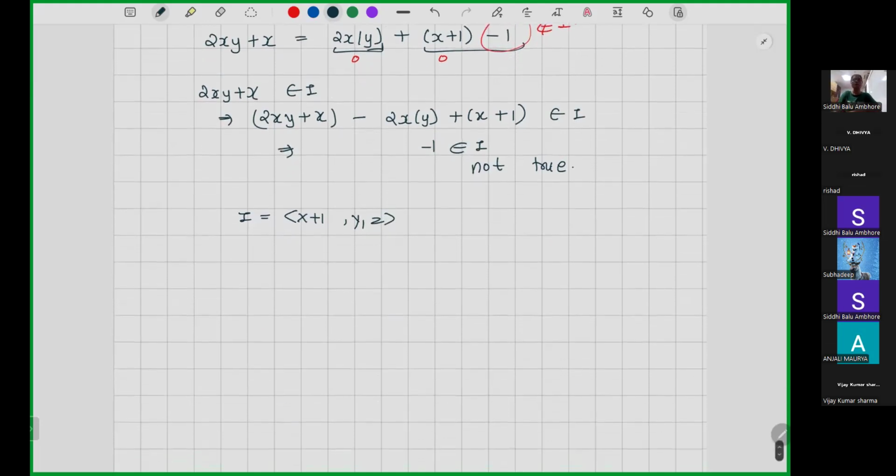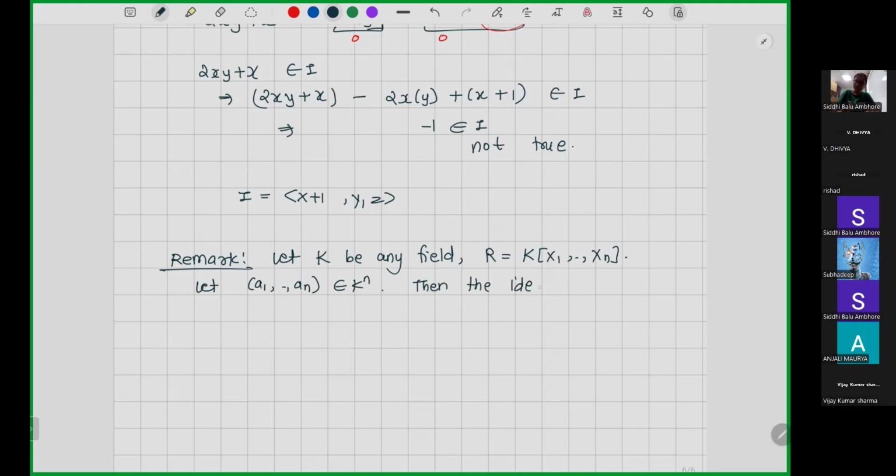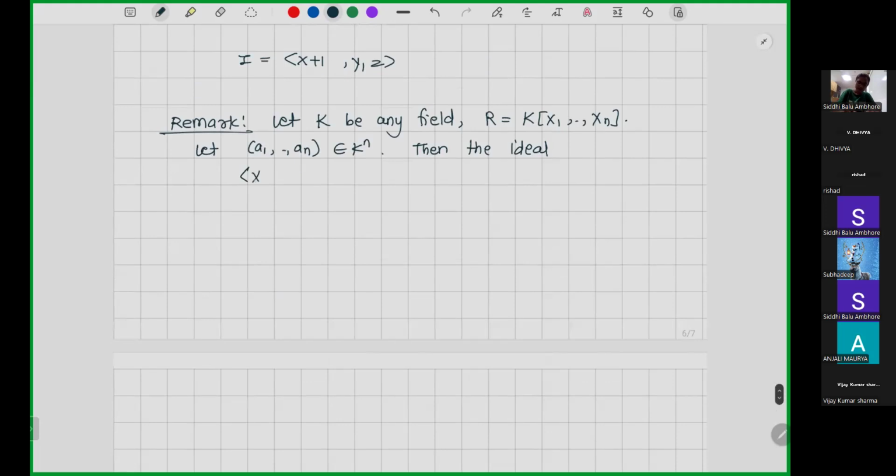And as you said about proper, if you remember, we have this result that if K is any field, and R is K[x1 to xn], and let a1 to an be in this field, then the ideal (x1 minus a1, ..., xn minus an) is a maximal ideal.